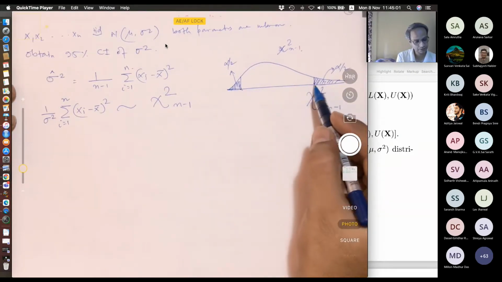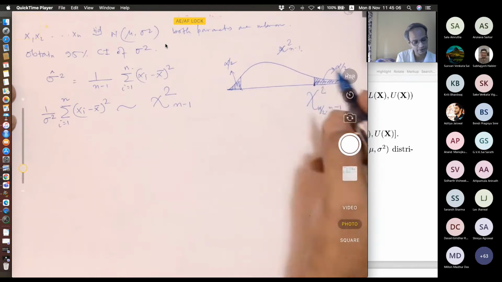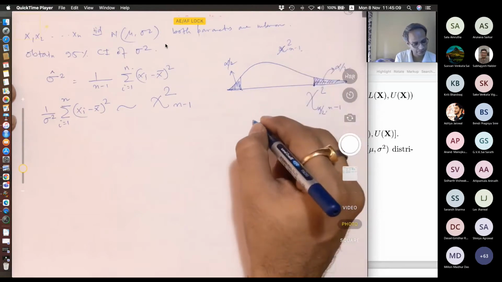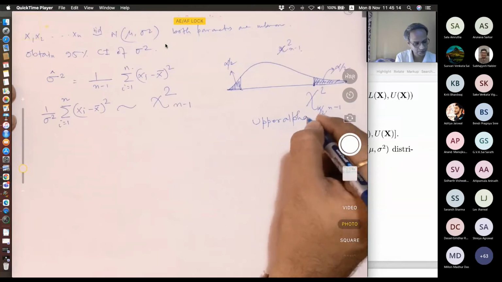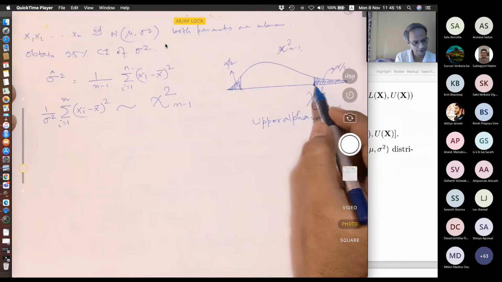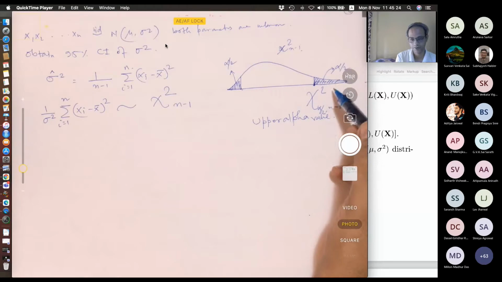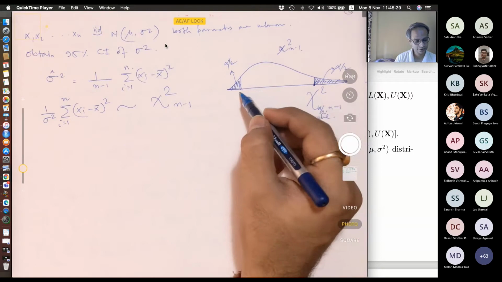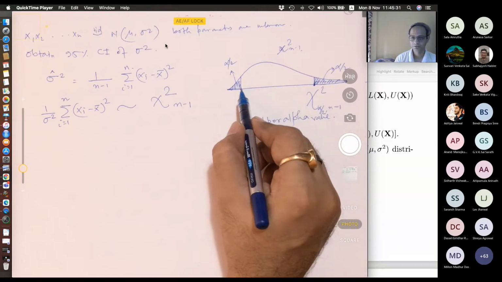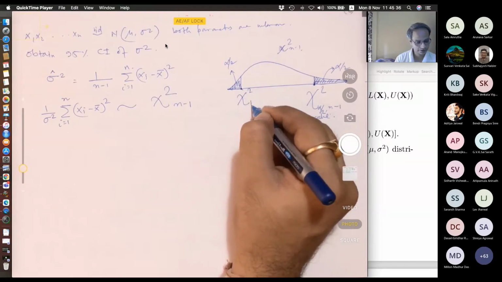If this region is alpha by 2, then this point is usually known as the upper alpha value. That means from this point up to infinity, if you integrate, that probability will be alpha by 2, whatever is given in the sum. So what will be the name of this point? It is chi-square 1 minus alpha by 2, n minus 1.